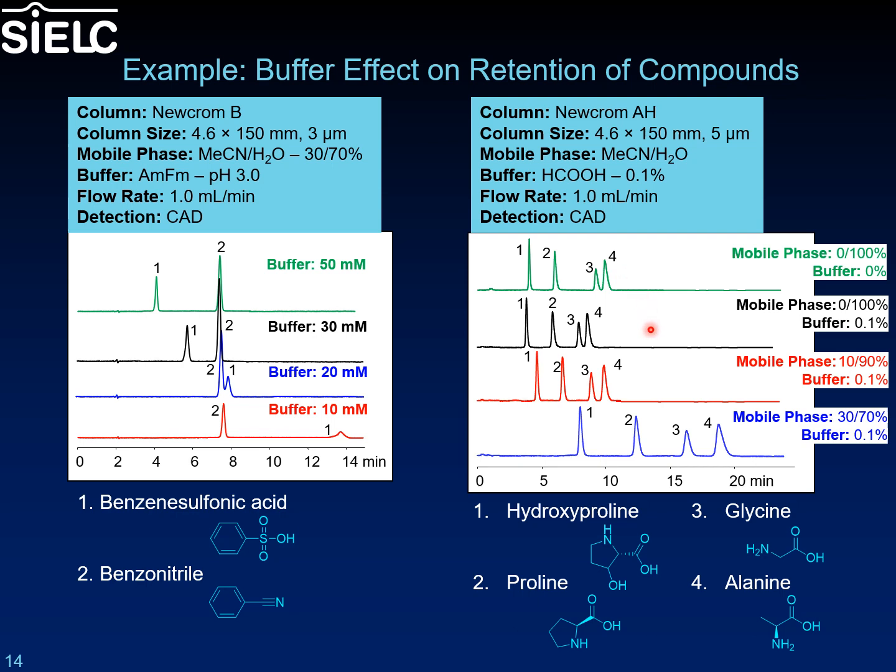If we begin by introducing buffer, we do keep the same trend of elution, and the glycine and alanine now elute at a slightly lower retention time.